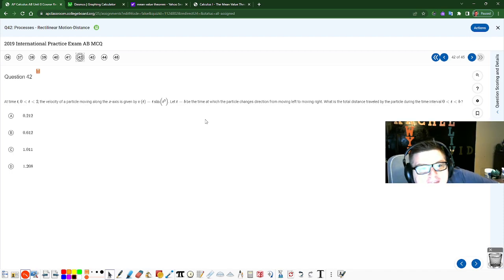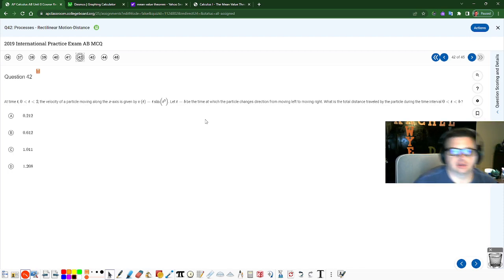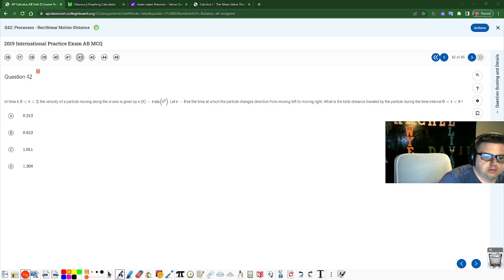What is the total distance? So the first thing, I guess we can look at this. So we are going to integrate v of t dt from 0 to 2. This should tell us the particle moving from left. Let b be the time. So we go from 0 to b, right?